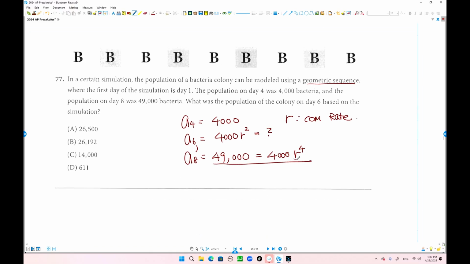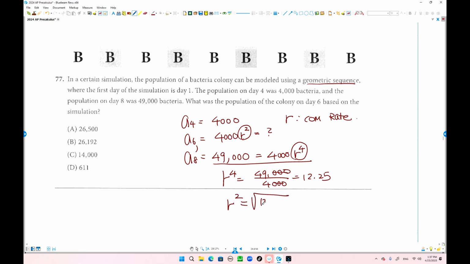From here, we can find the value of r to the fourth power. R to the fourth power is 49,000 over 4,000, right? You can use your calculator. This is 12.25, right? And we need what? R squared. Or after you find r, it doesn't matter. I'm going to put r squared directly.